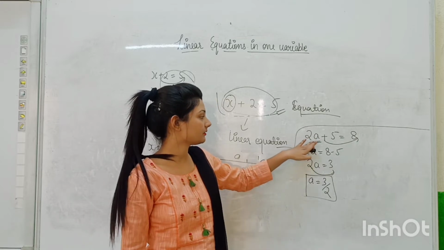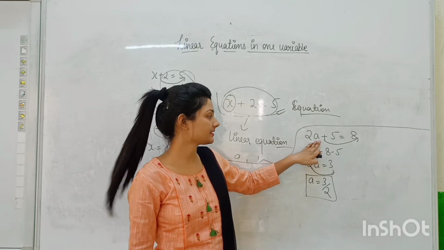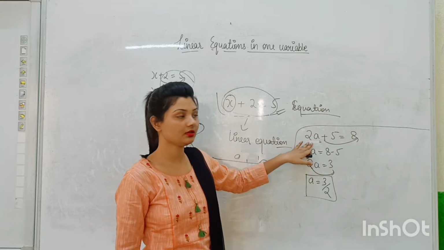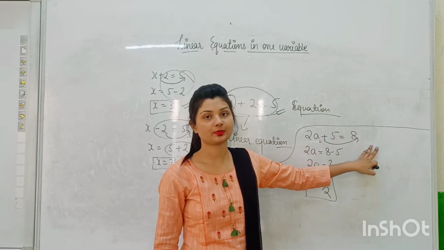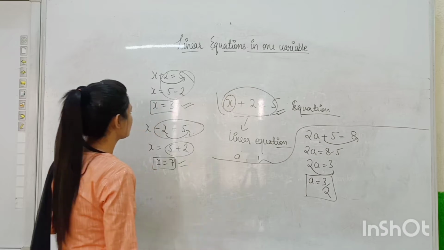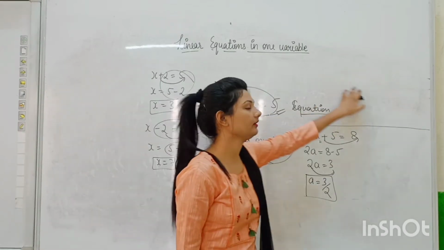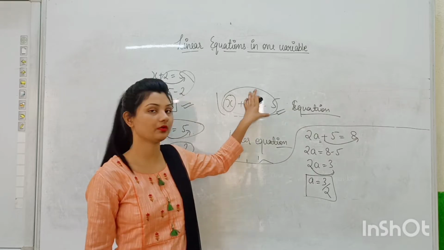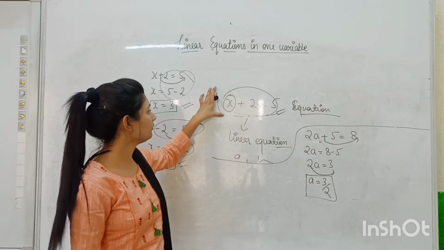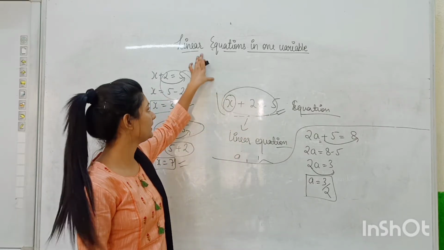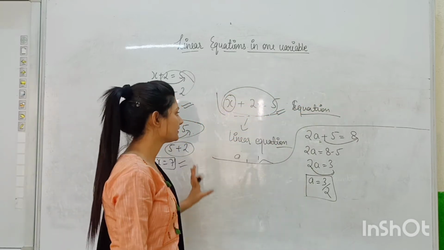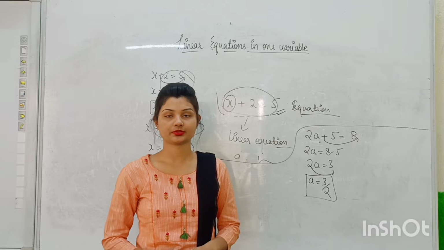If it is in multiplication on the left hand side, it will go to the division part, and if it is in division, it will go to the multiplication part. So these are called linear equations in one variable. Whenever an equation is made using some numbers and one variable, that is called a linear equation in one variable. So these types of equations we will solve in this chapter.